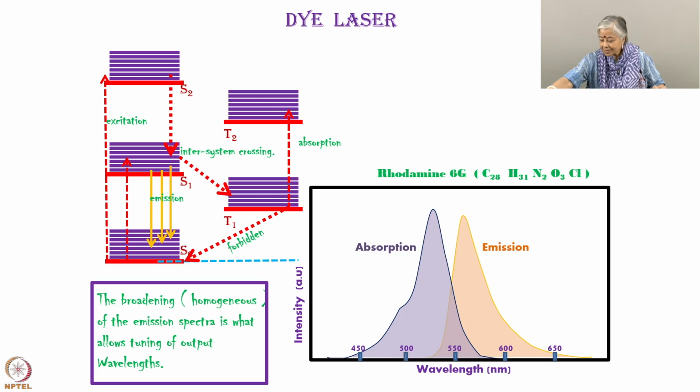Okay. So, generally dyes are long chained molecules, really long chained molecules with carbon single bonds or double bonds. I have just given an example of rhodamine 6G, which has 28 carbons, 31 hydrogens, 2 nitrogens, 3 oxygens and chlorine.